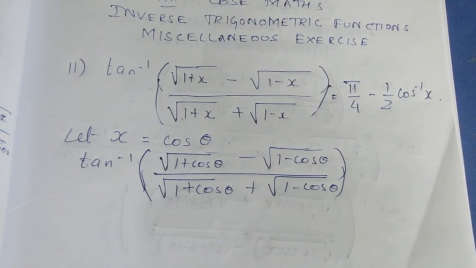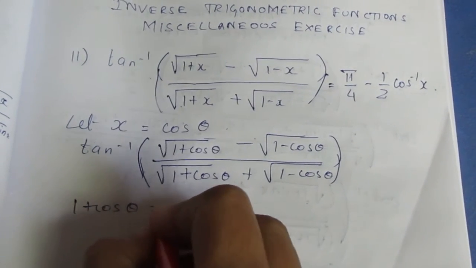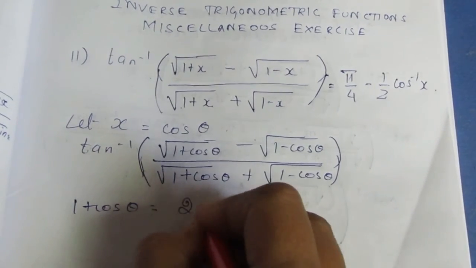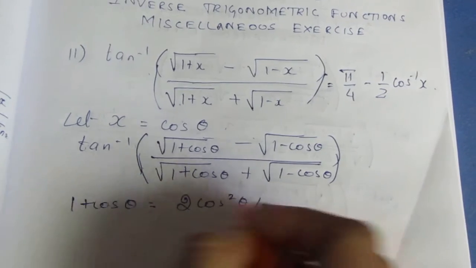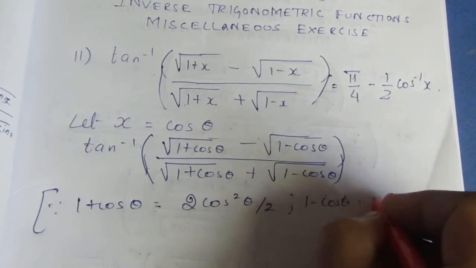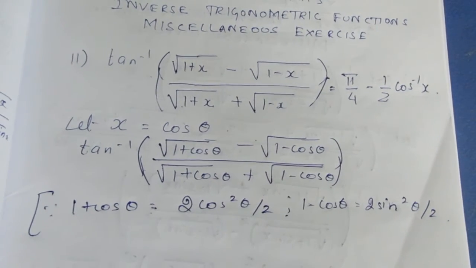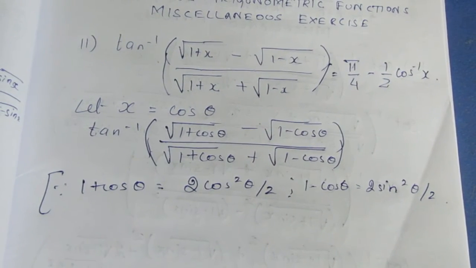So I am going to directly substitute the formula here. We know that 1 plus cos theta equals 2 cos square theta by 2 and 1 minus cos theta equals 2 sin square theta by 2. So I am just going to substitute the value because it's a square, which is easy for us to cancel the roots.